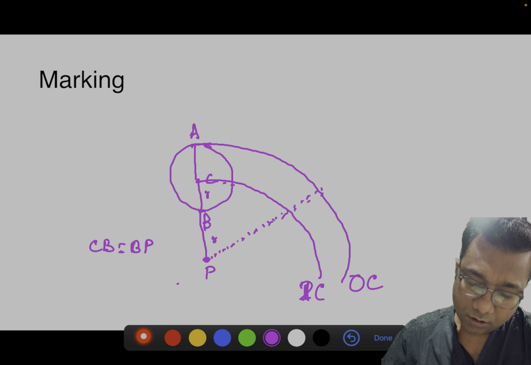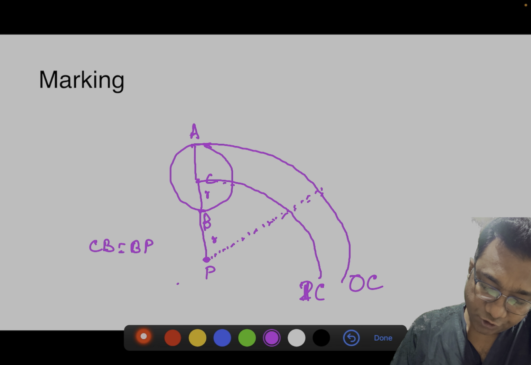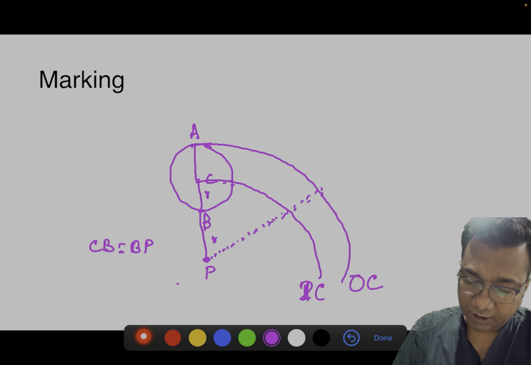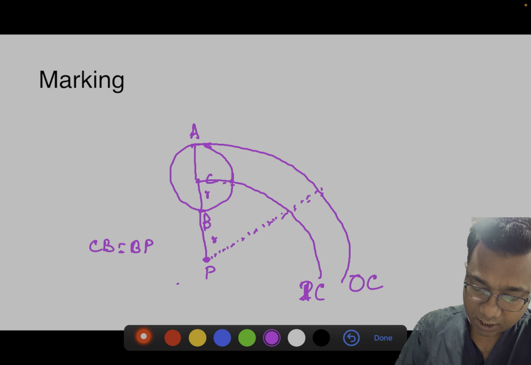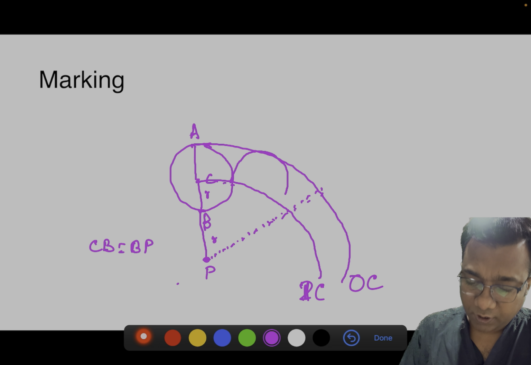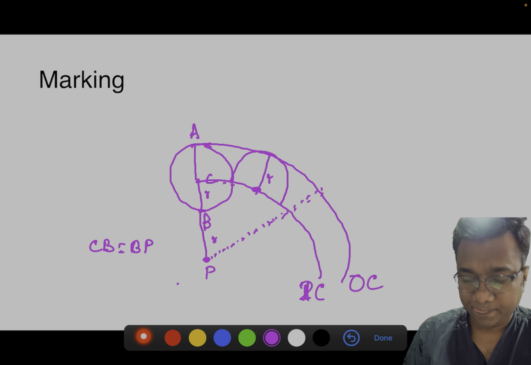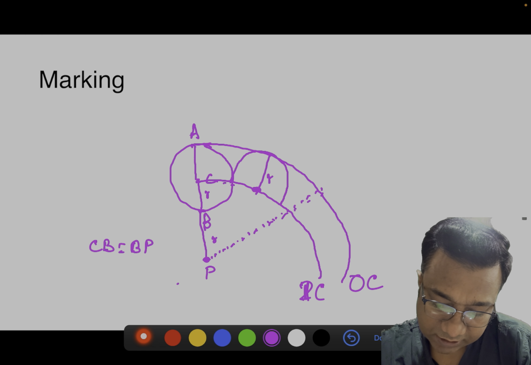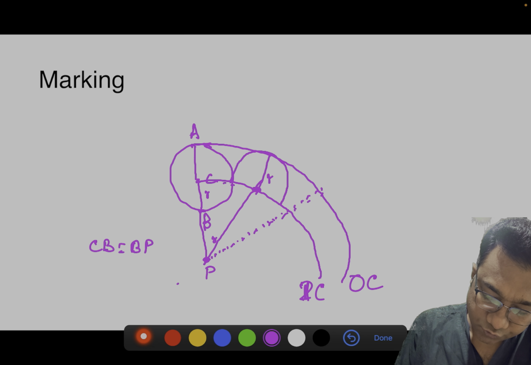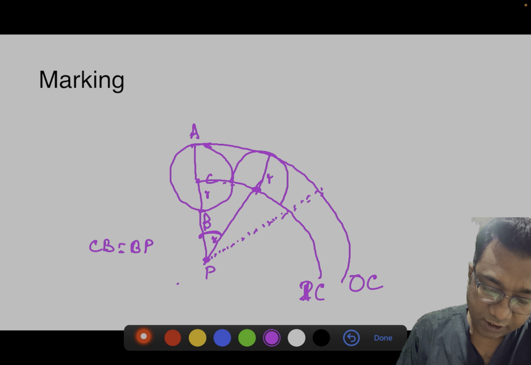Now from the edge of this circle, another circle will be drawn with a radius of usually R. Now the angle between these two is usually kept at 45 to 90 degrees.